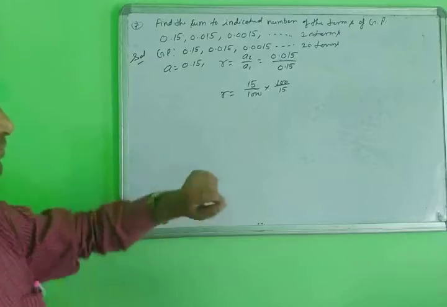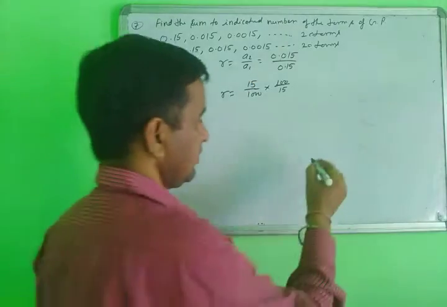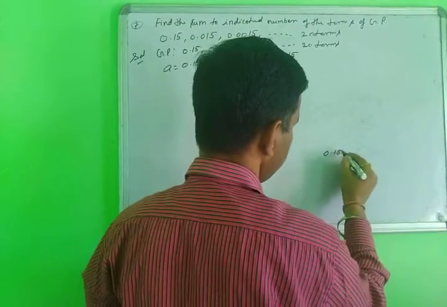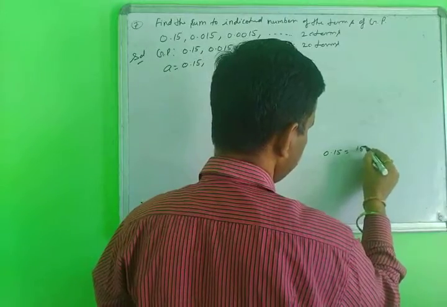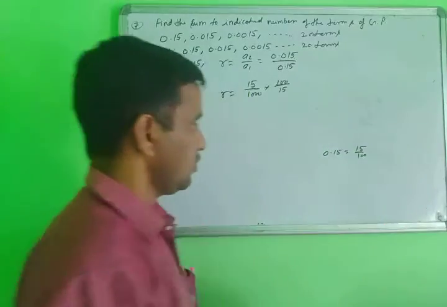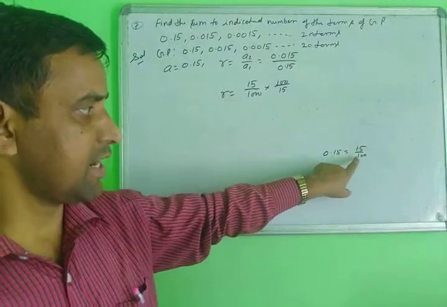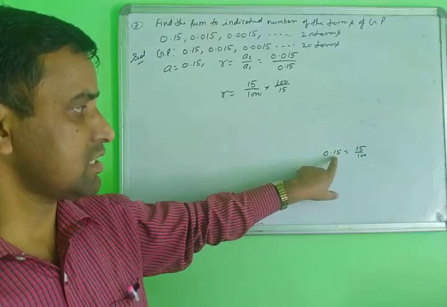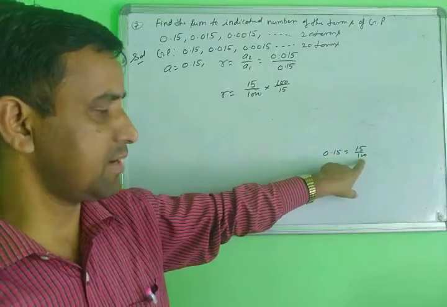Now look here, how to solve this. You can write 0.15 as 15 upon 100, because after the decimal there are 2 digits, so you divide by 100.